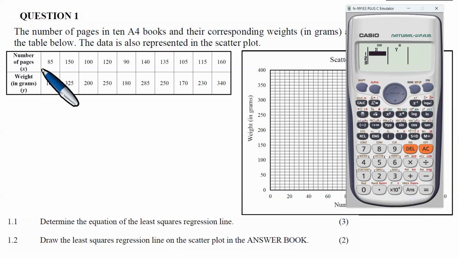Now you enter the x values: 85, 150, 100, 120.